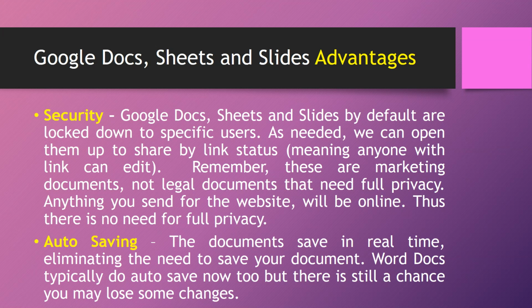Let's say, for example, you set 1 minute. Anything you type within that minute can disappear from your system if you don't save it. But if it's online, I mean Google Docs, Google Sheets and Slides, as you're typing, they are getting saved immediately. I hope you understand that.